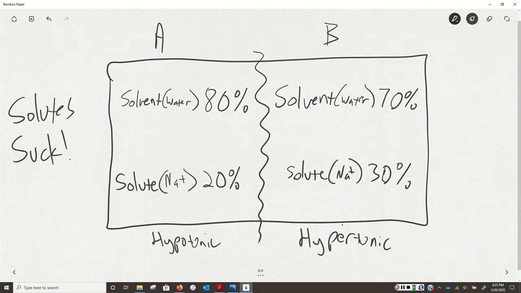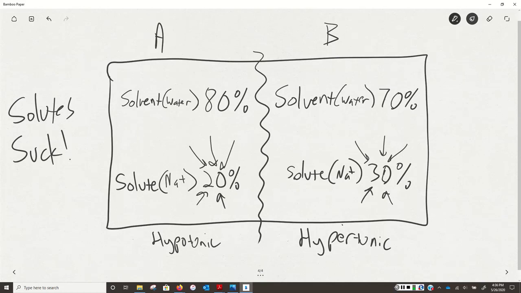So this sodium over here in B is pulling this water towards itself. And this solute over here is pulling this water towards itself. But it's not just pulling over here on the left side.